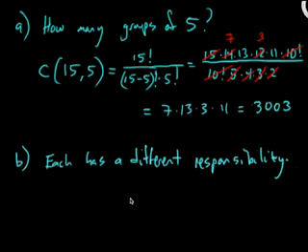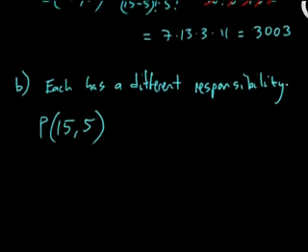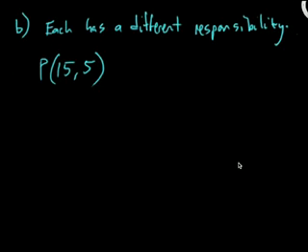The first student chosen will be president, then the second vice president, etc. So that would be represented by a permutation of 15 choose 5. And because order matters, I'm expecting a number greater than the 3,003 from the previous example, because the arrangements are going to result in different possible outcomes.